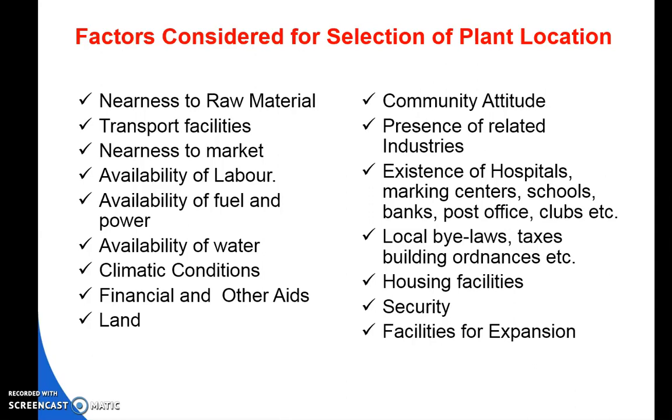The factors are nearness to the market, transportation facilities, nearness to the raw material, availability of labor, availability of fuel and power, availability of water, climatic condition, land, community attitude, existence of hospital, marketing centers, schools, local bylaws, taxes, building ordinances, etc. Housing facilities, security and facility for expansion. Now let's go for discussing all these parameters in detail.